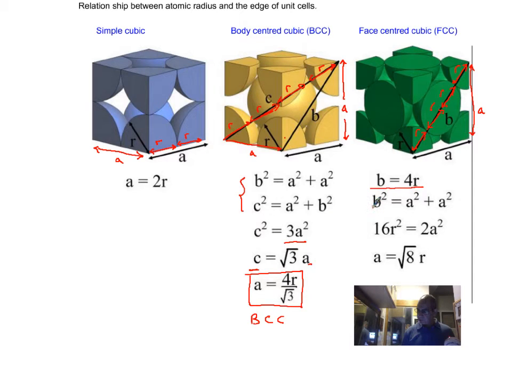And if you square a squared plus the other side, a squared should equal hypotenuse squared, b squared. So b squared is 2a squared. Instead of b, put 4r, so 16r squared is equal to 2a squared. Finally, a is square root of 8 times r for the face-centered cube.